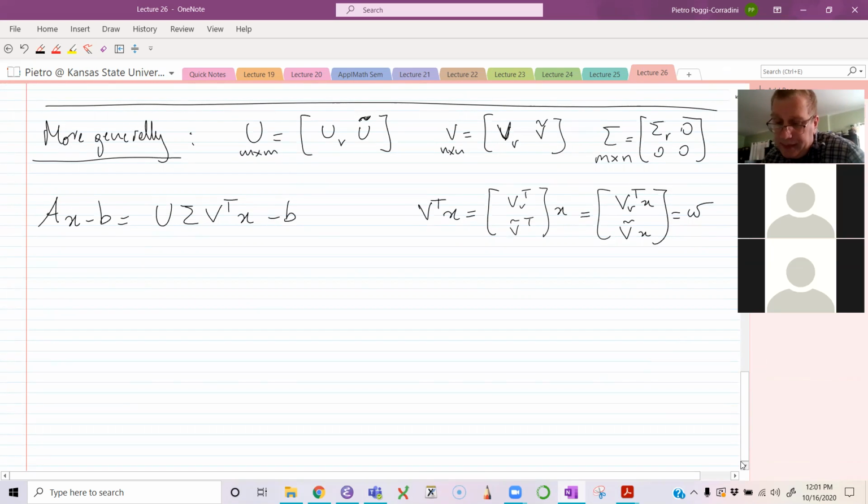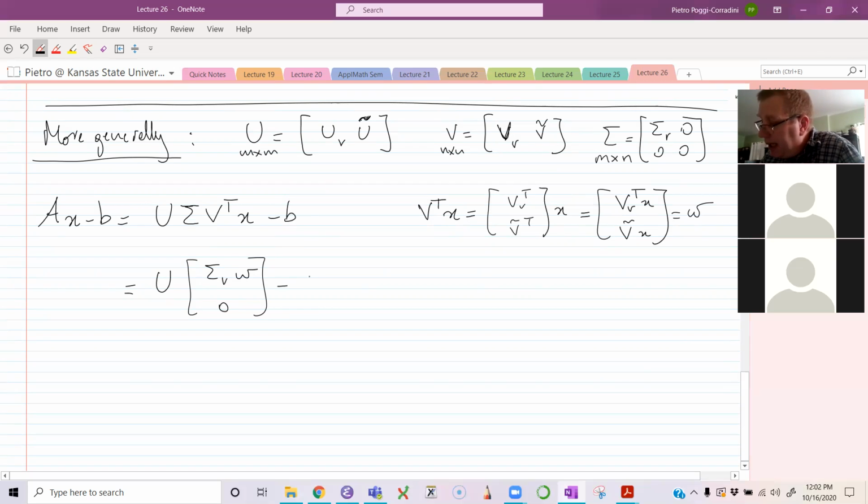So then here I can rewrite this as U, and because of the block structure of sigma, if you do sigma times W, what you're going to get is something like this. And for b, remember b is a vector in R^m.